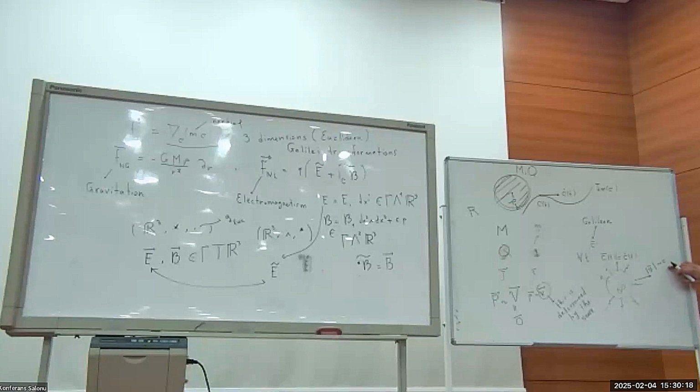But note that we can sit on it, not as Galilean observers, but as Lorentzian observers, because its speed is nearly equal, but lower than the speed of light. We can sit on it, then this will move.